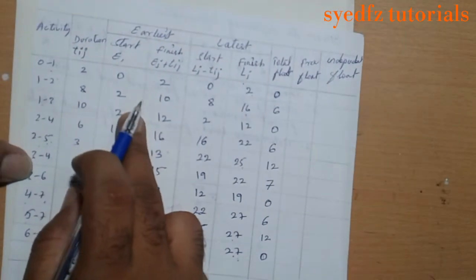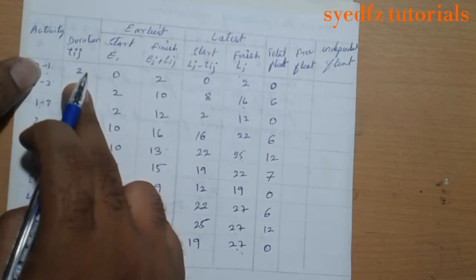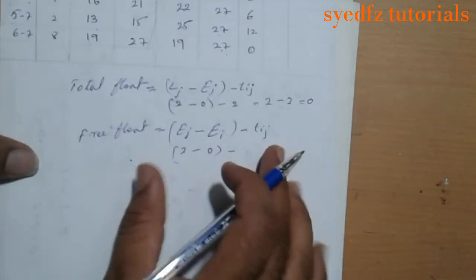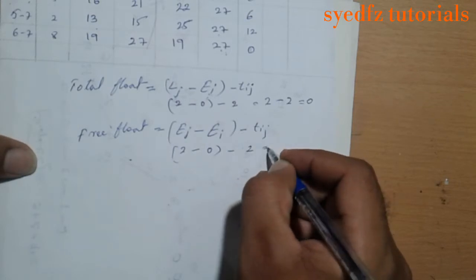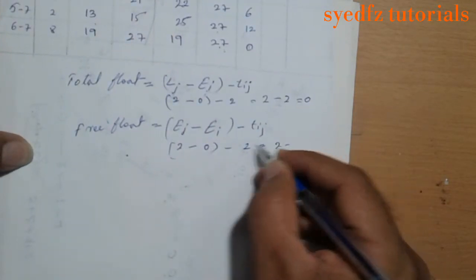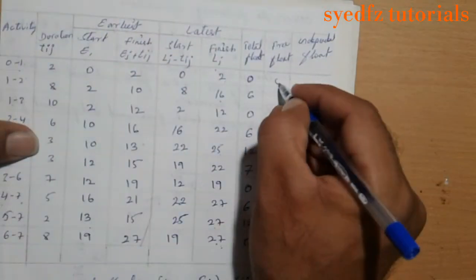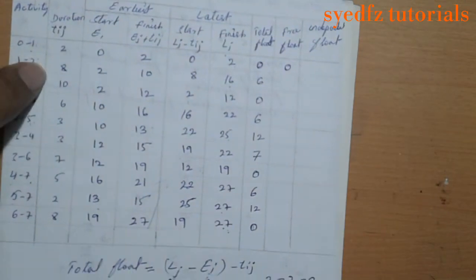Duration is 2 only. The same way we are calculating: 2 minus 0 is 2, this minus 2 is 2 minus 2, 0. So the first free float is 0. Let's calculate the second one also.